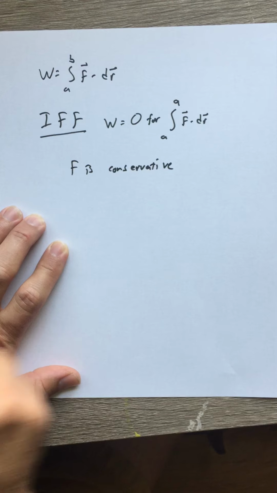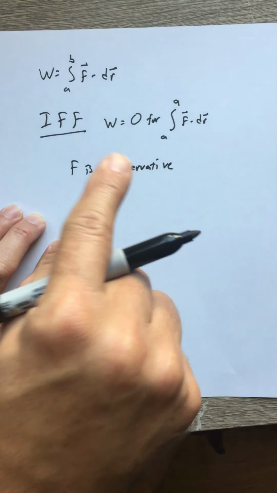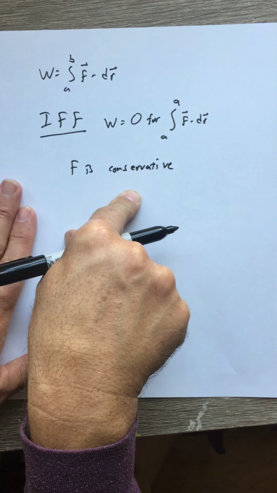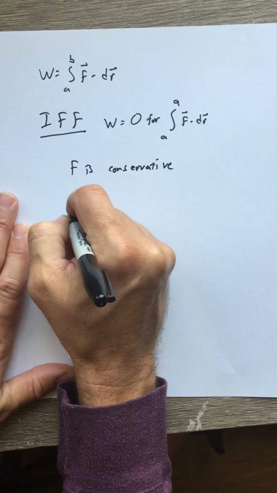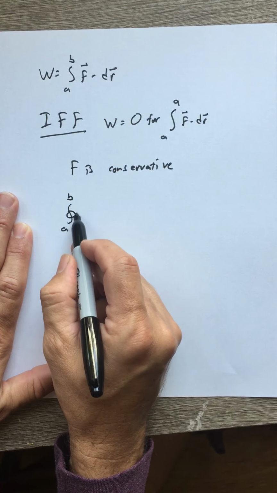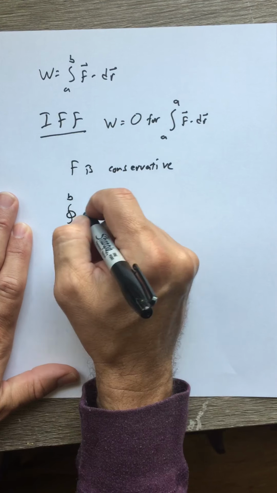Friction is the prime example of a non-conservative force. Gravity is the prime example of a conservative force. It's because gravity is constant in direction. The more mathematical way to write this is this. The circle means a closed path. It means that point B is point A. You get back to where you started.